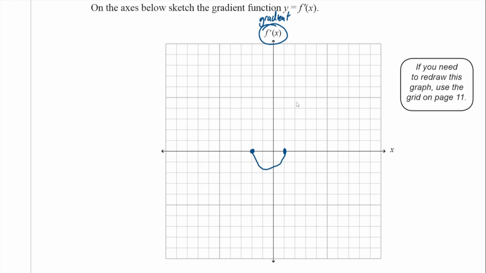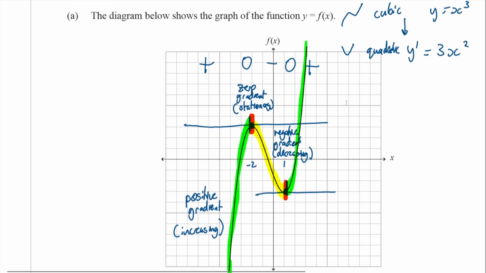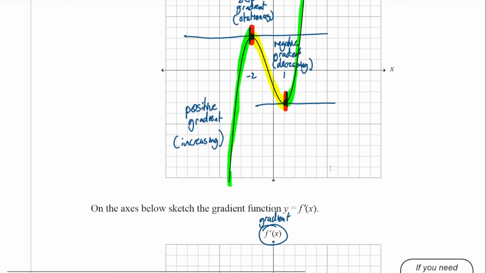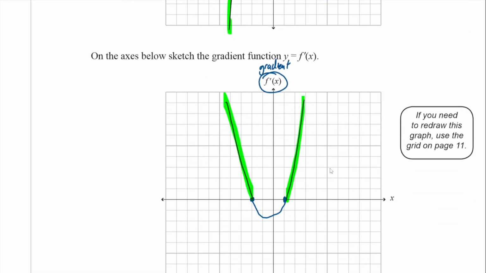Something like so. However, we know on the outsides, so when x is less than -2 or more than 1, the gradient is positive. So it'll look something like so. So just to tie those two together.